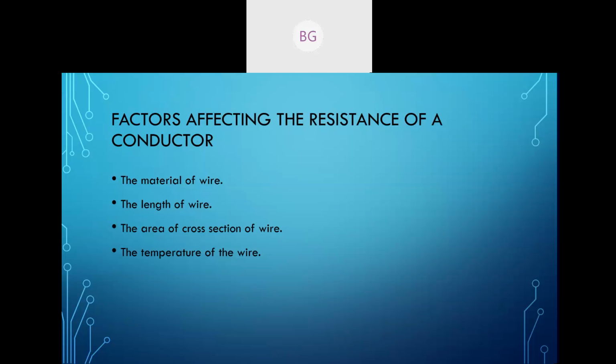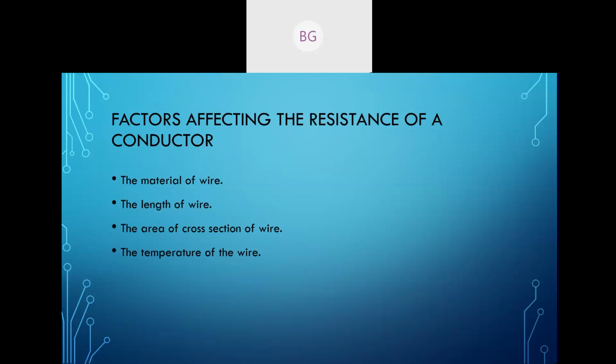The third one is the cross section of the wire, that is, the thickness of the wire. Look at your mobile charger wire and the wire of the refrigerator. You can see the thicknesses are different, right? The refrigerator wire is thick and that of the mobile charger is thin. Why is it thin? Because the mobile requires a very small amount of current, but the refrigerator requires a high amount of current.